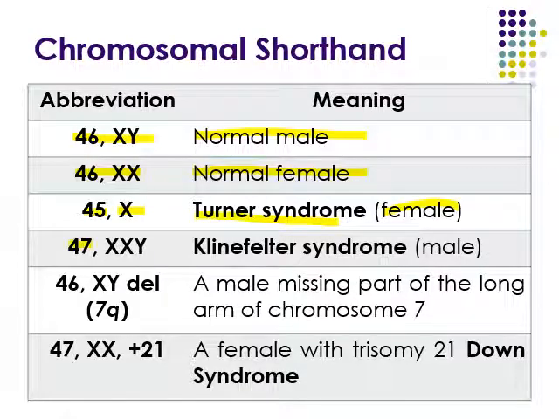And then we have 47XXY, Klinefelter syndrome for male. We have 46XY, del 7q, a male missing part of the long chromosome arm of chromosome 7. Then 47XX plus 21, a female with trisomy 21, Down syndrome.